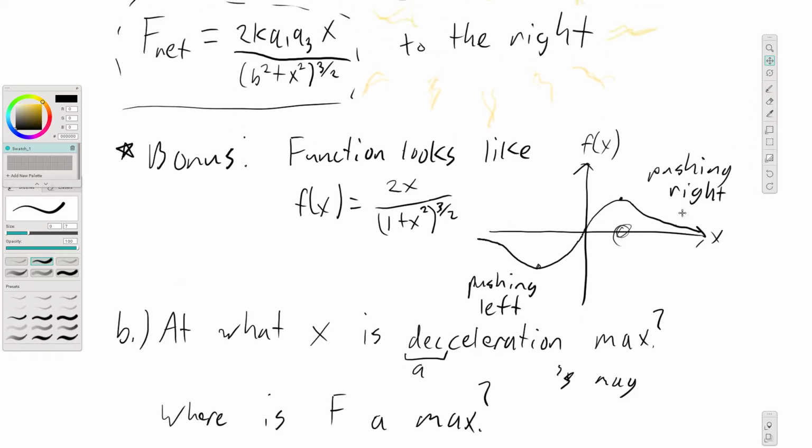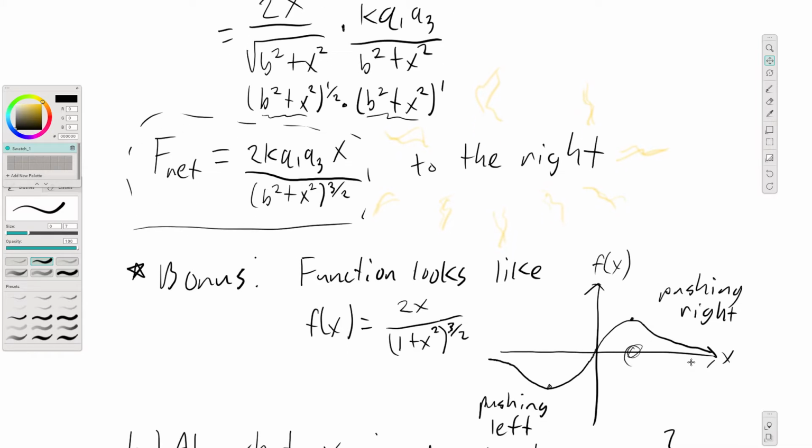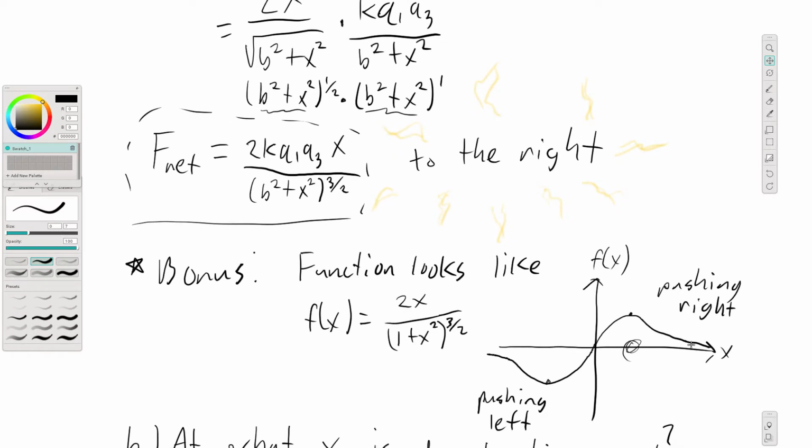Do we know how to find it? Of course, we just look at the graph. No, we have sophisticated mechanisms. What we're going to do is see this is a function of x. And a function of x has a maximum where its blank is equal to 0. That's right, you guessed it, its derivative.